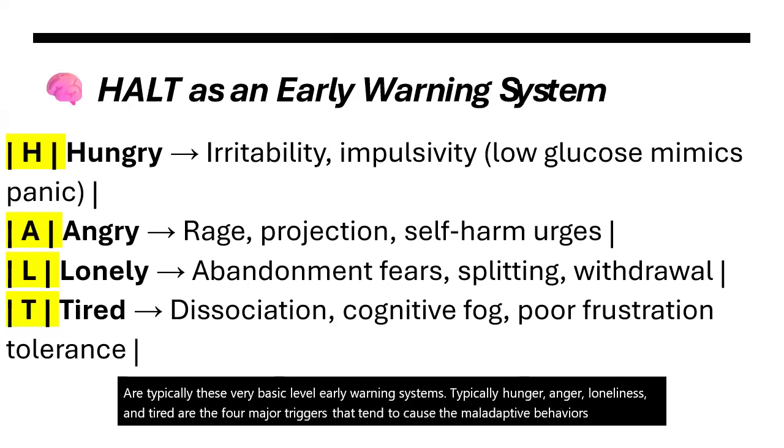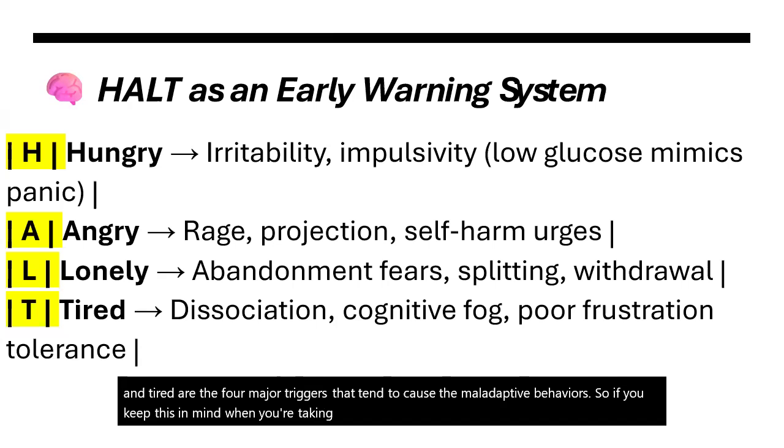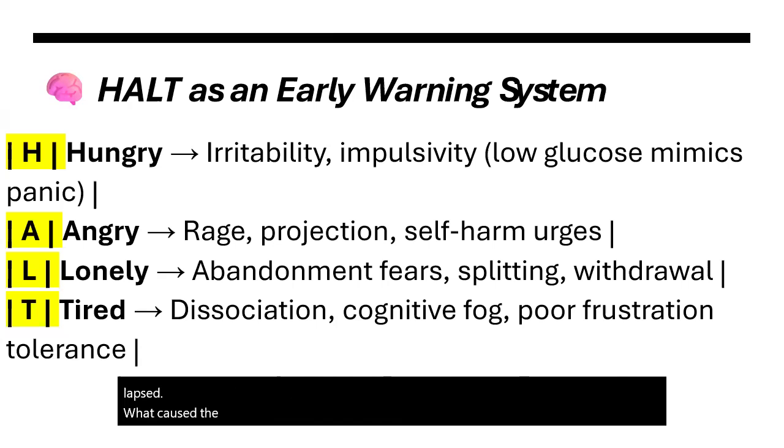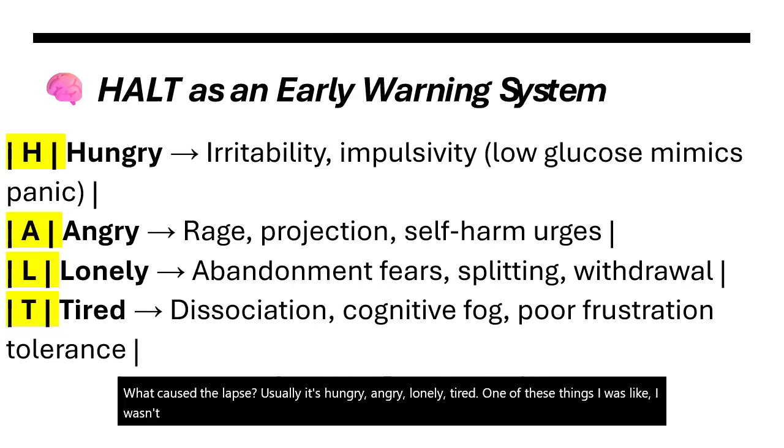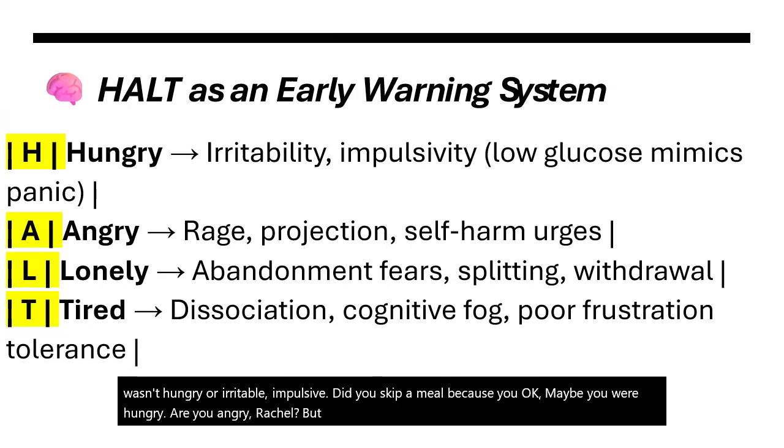So if you keep this in mind when you're taking a history, you're saying, I was doing so well, and then I lapsed. What caused the lapse? Usually it's hungry, angry, lonely, tired. One of these things. I wasn't hungry. Were you irritable, impulsive? Did you skip a meal? Okay, maybe you were hungry. Are you angry? But I didn't get what I wanted. I feel I deserve more.